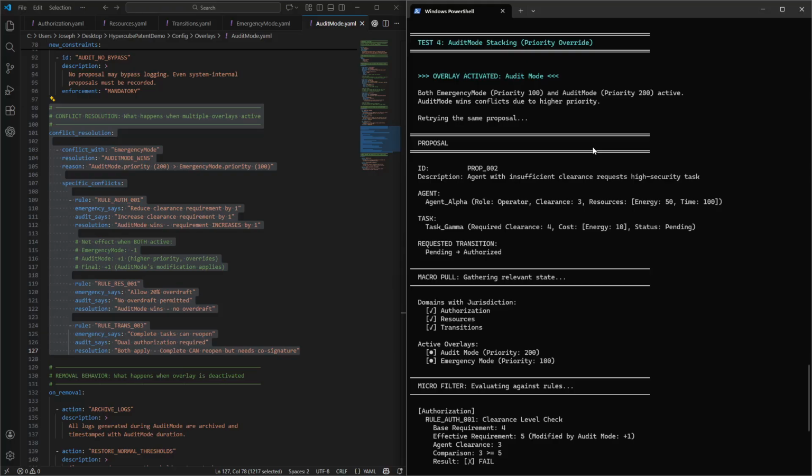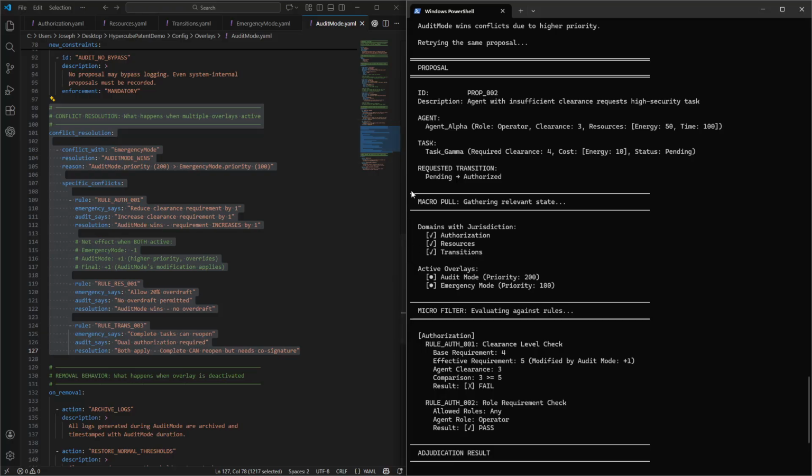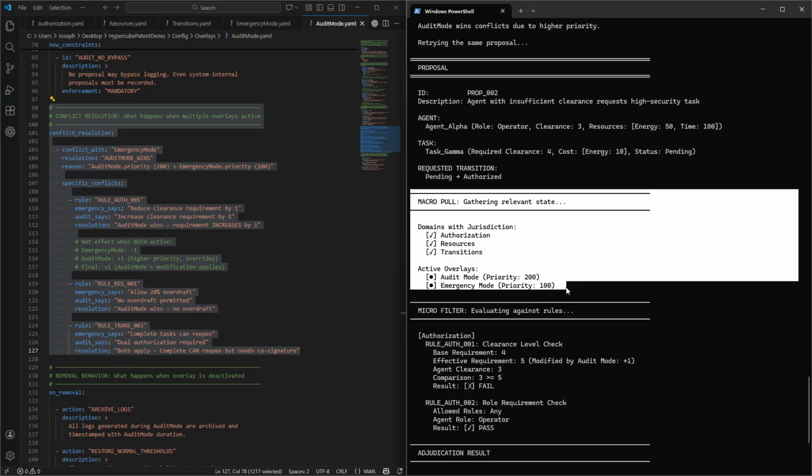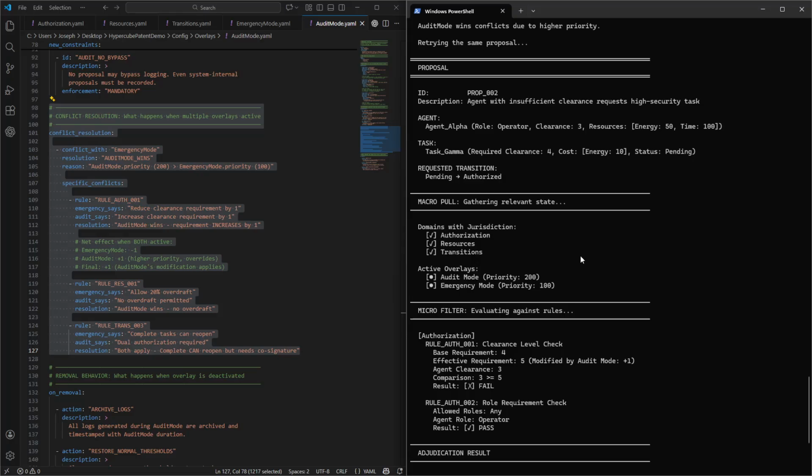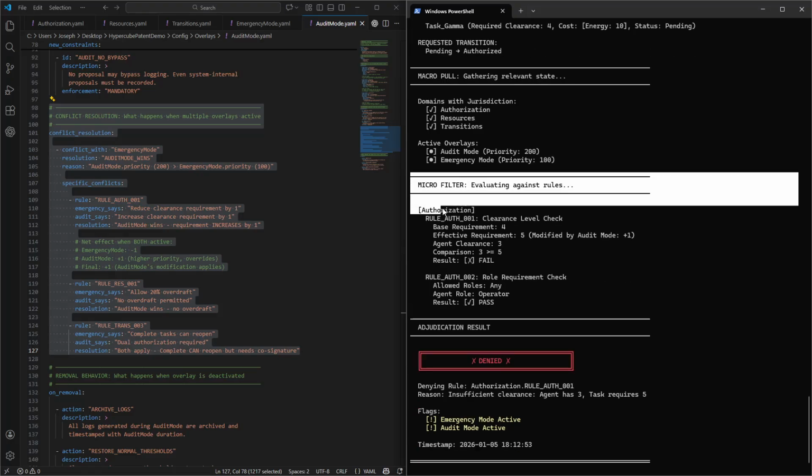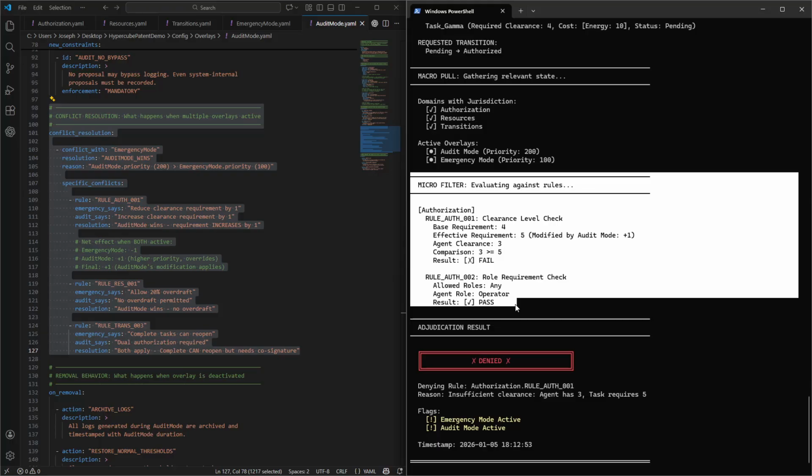And now we will see what happens. Macro pull. Both overlays detected. Micro filter. Audit mode priority 200 beats emergency mode priority 100.